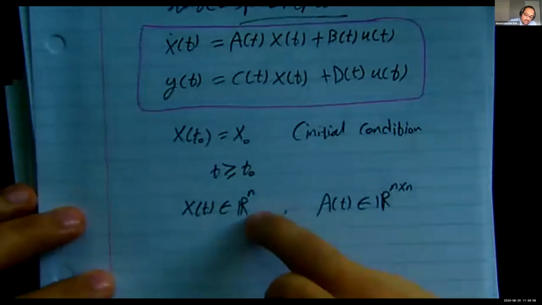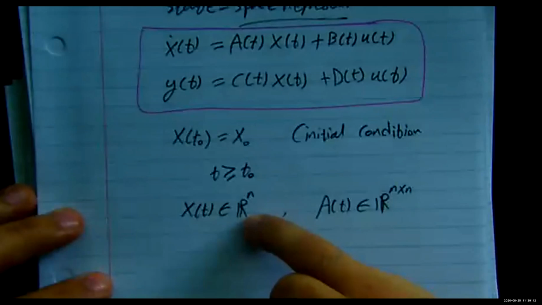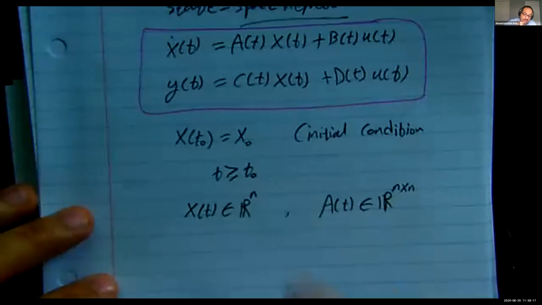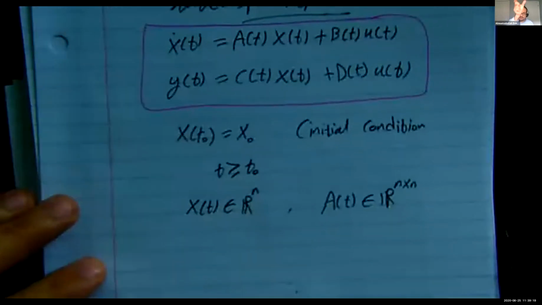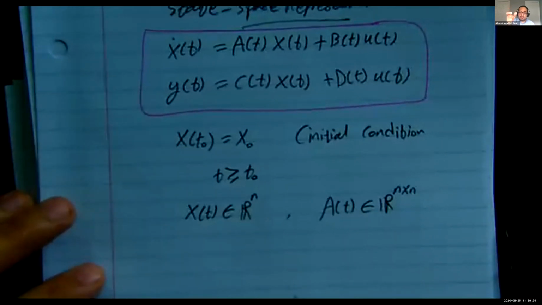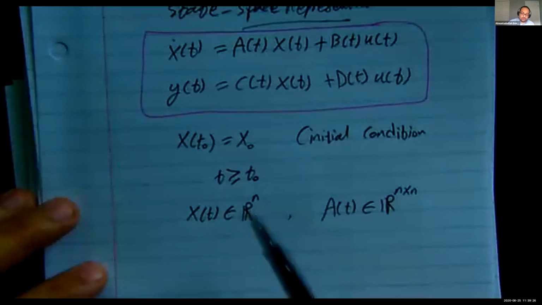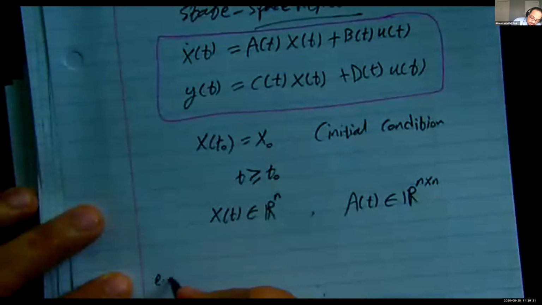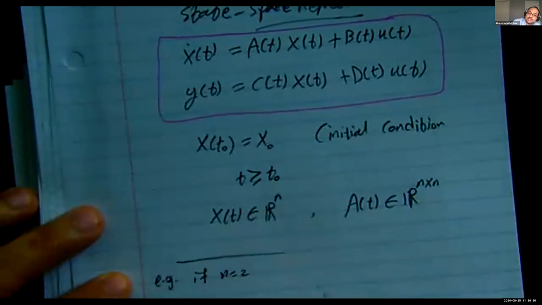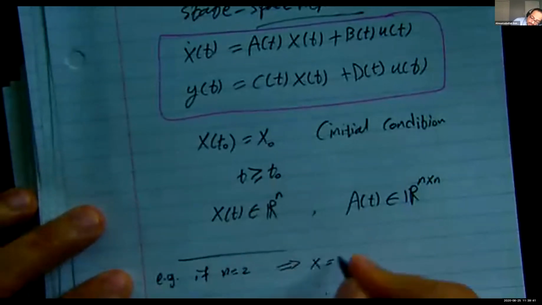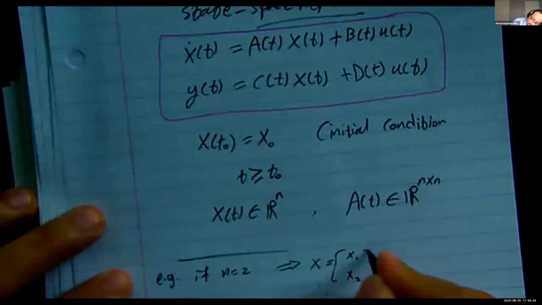So this is a conventional way of defining matrices and vectors. R refers to real numbers. R to the power of n means that we are talking about a column vector with n dimensions. So if n is equal to 2, then x is equal to x1 and x2.